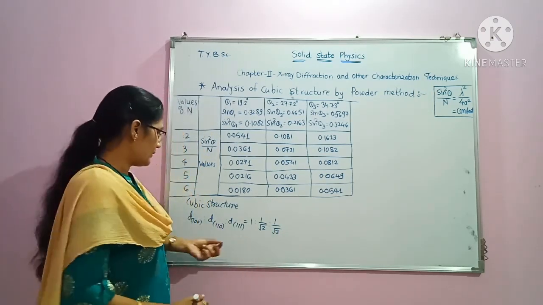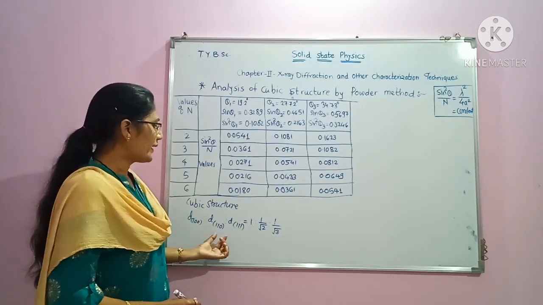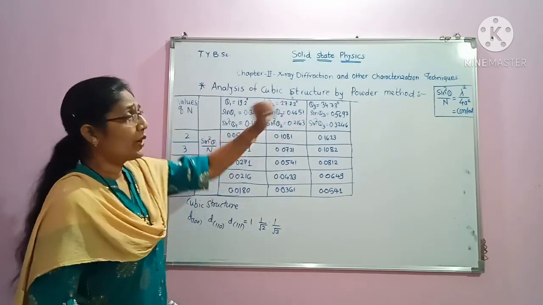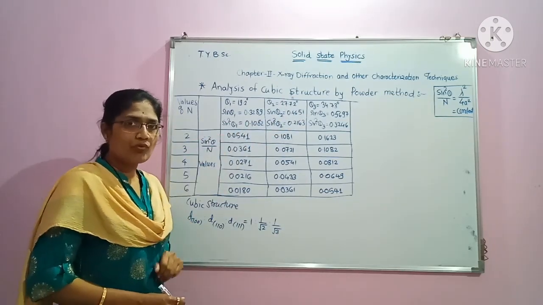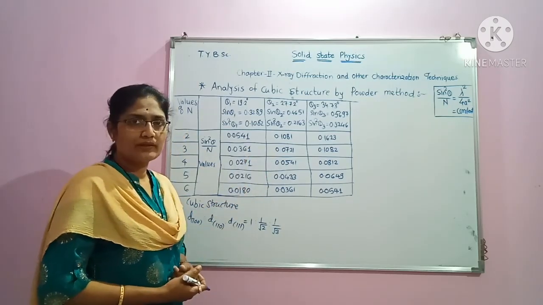This shows that the given structure is cubic structure. Now one can verify this ratio by using the powder diffraction method, and for that one will require the experimental data.